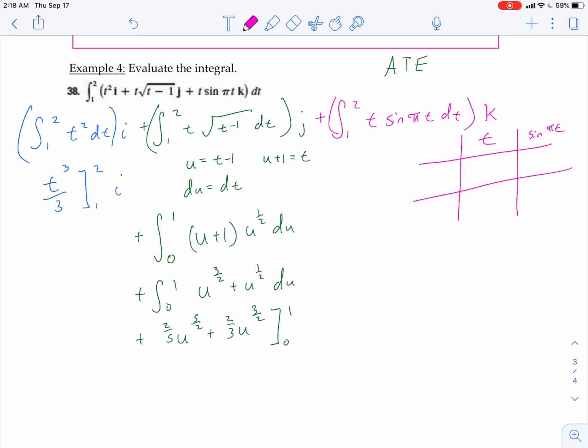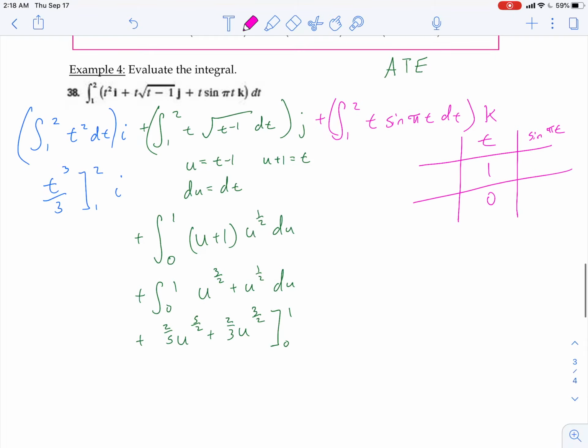All right. This is where we're going to integrate, and this is where we're going to take the derivative. So let's go ahead and do that. The derivative of t is 1, the derivative of 1 is 0. The integration of sine of pi t is going to be negative 1 over pi cosine of pi t.